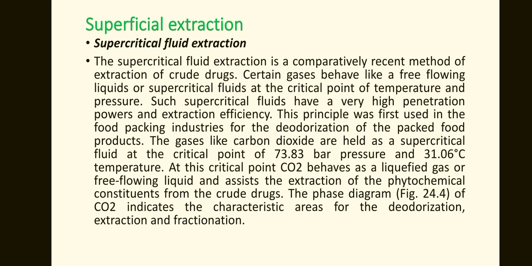Gases like carbon dioxide are held as a supercritical fluid at the critical point of 73.83 bar pressure and 31.06 degree centigrade temperature. At this critical point, carbon dioxide, CO2, behaves as a liquefied gas or free-flowing liquid and assists the extraction of the phytochemical constituents from the crude drugs.